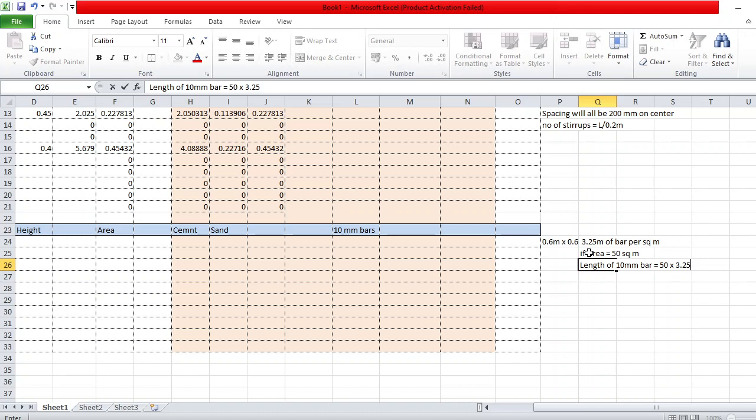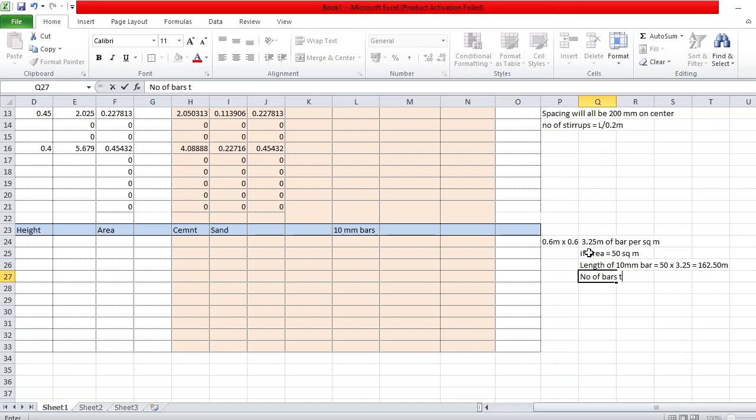So, 50 multiplied by 3.25, that will be equal to 162.50 meters.